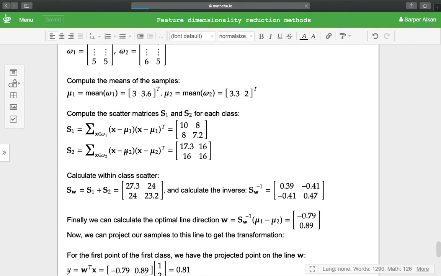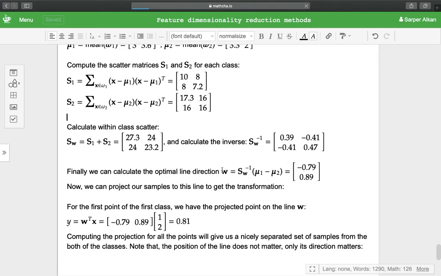Now we can compute the scatter matrices for each class. So for each sample, we subtract the mean from that sample and multiply by itself transposed, and sum them up. So we get scatter matrices for each class like this. Now we calculate SW, that's within class scatter, by adding them up.